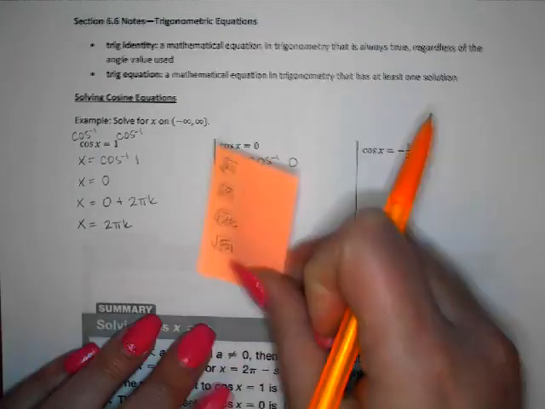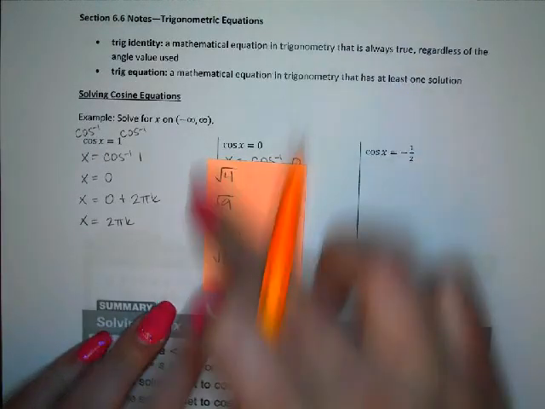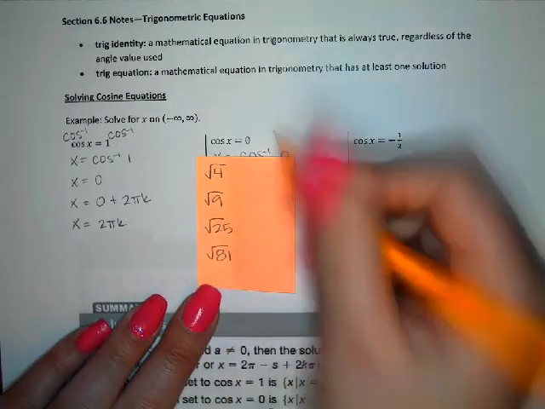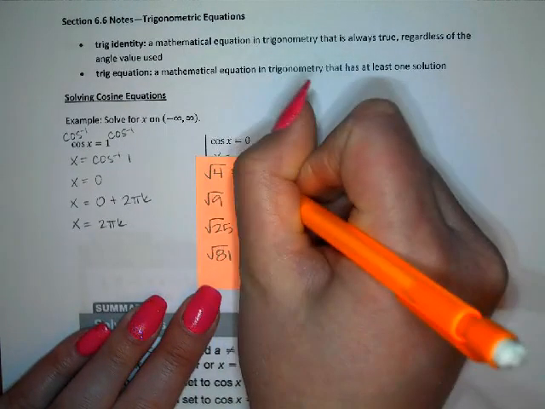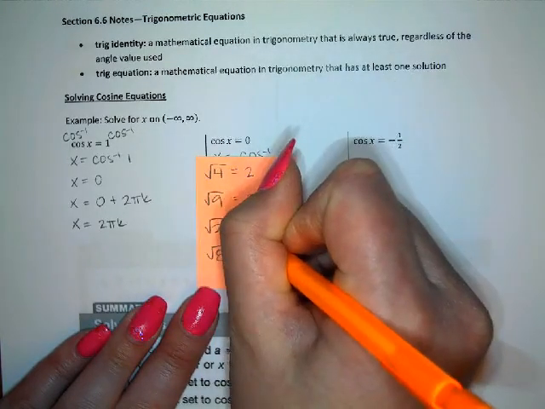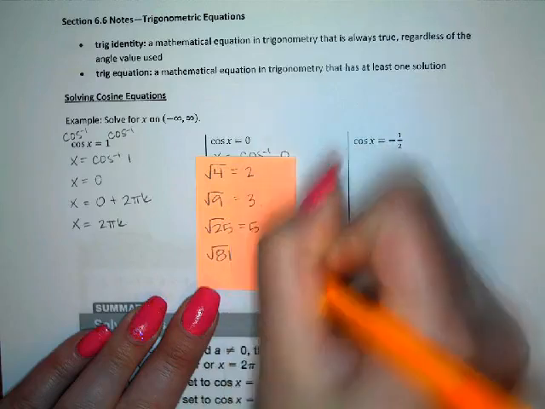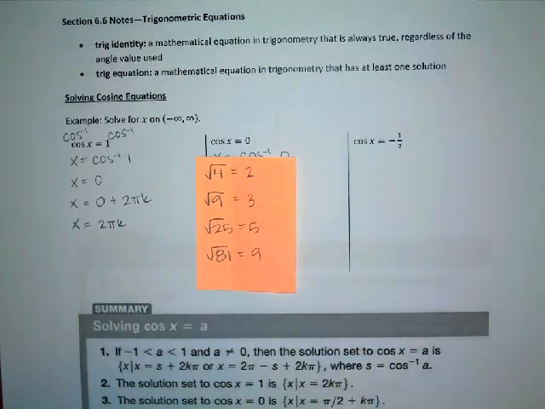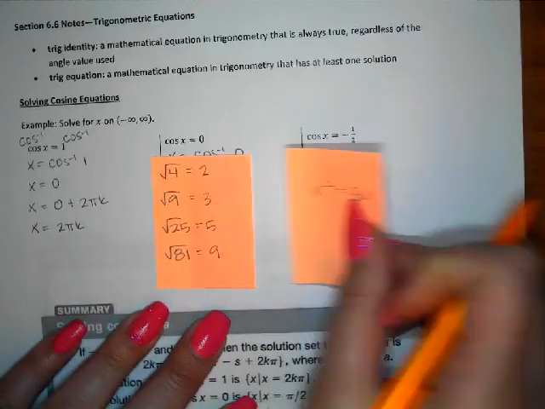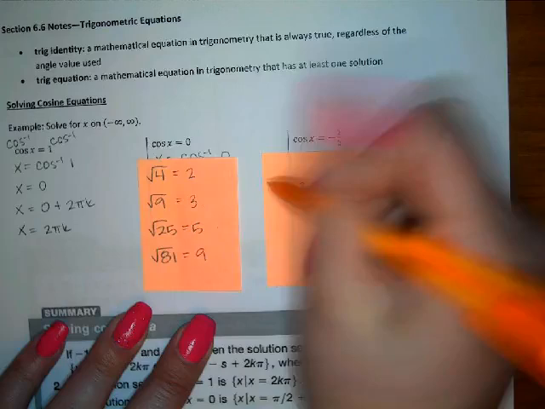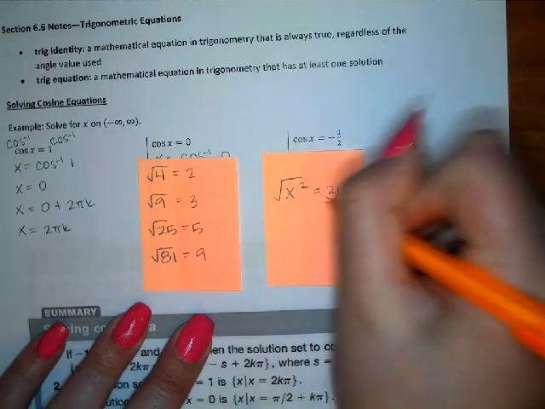Do not write this down, but I'm just going to talk through this because we've done this before in math. If you were doing these problems, you would say the square root of 4 is 2, the square root of 9 is 3, the square root of 25 is 5, the square root of 81 is 9. You would have a single answer for all of those. But if you were doing x squared equals 36, you would square root each side.